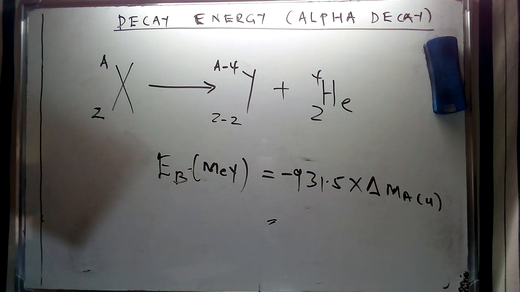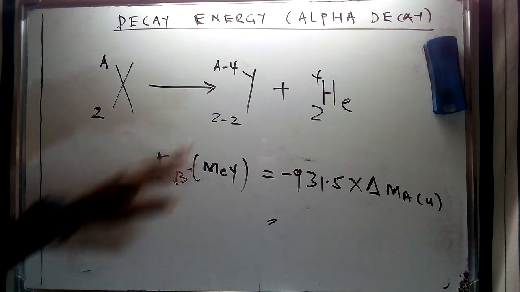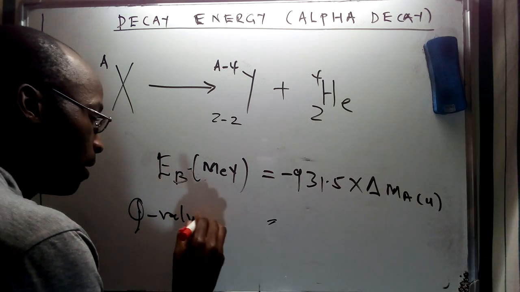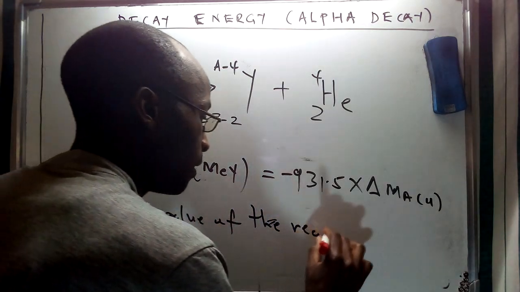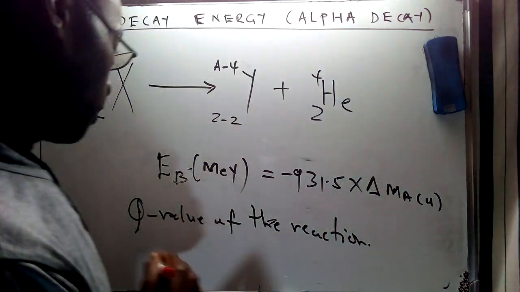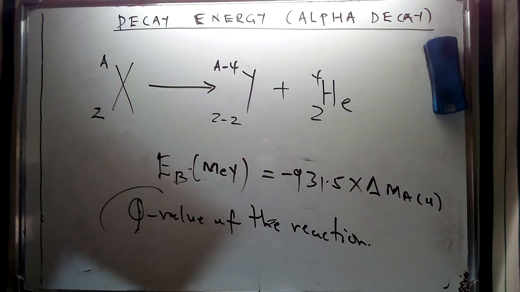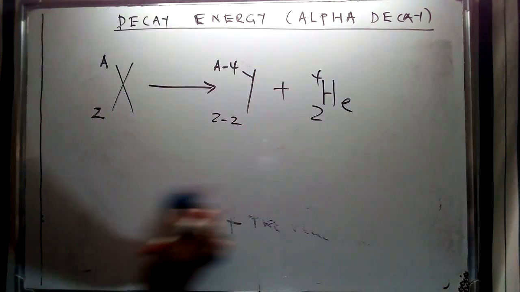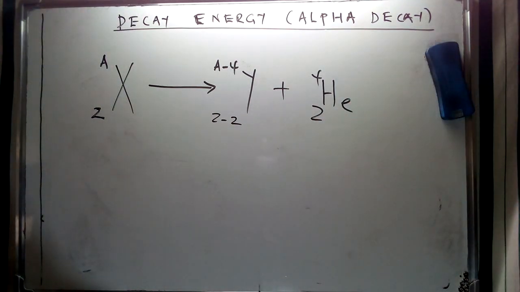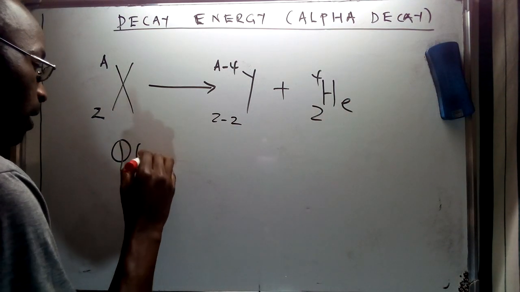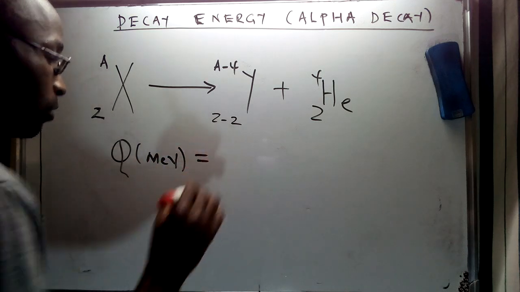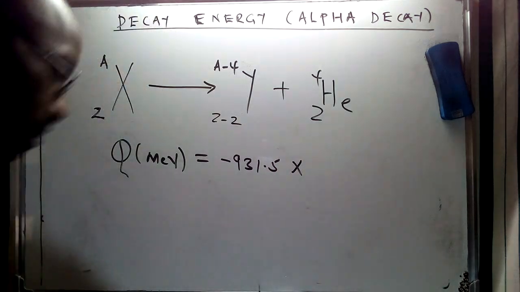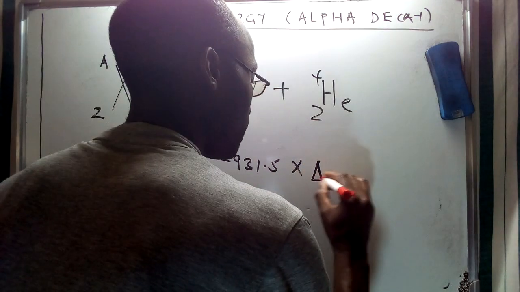And the energy associated with this kind of decay is referred to as the Q value of the reaction. Proceeding forward, I'm going to use the concept of the Q value of this type of energy. So to illustrate the mass associated with the alpha decay, we give it in terms of the Q value in mega electron volts, which is equivalent to negative 931.5 times the change in mass.